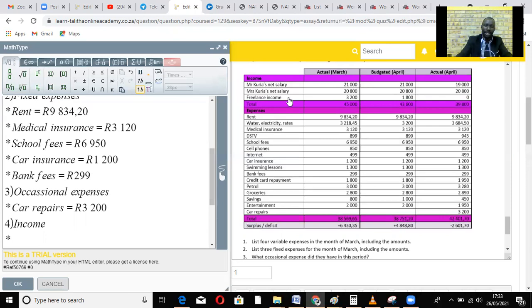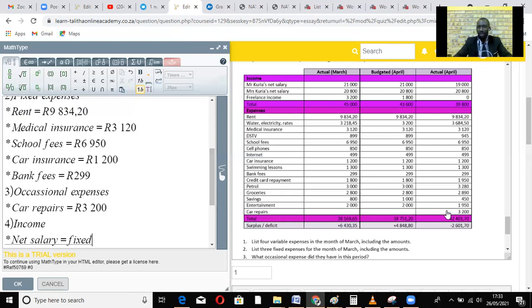So we therefore say net salaries normally don't change. And so net salary is now considered fixed. Even if there was a slight decrease here, we would like to think that this slight decrease in net salary for Mr. Courier was probably because he possibly did not go for work when his car broke down.